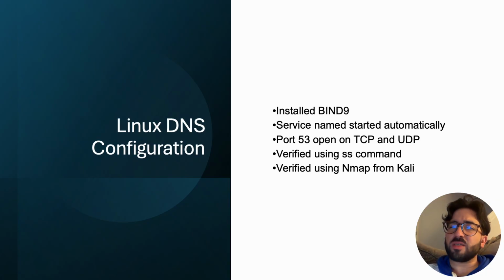On Ubuntu, I installed BIND 9, which starts the name service automatically. I confirmed both TCP and UDP port 53 were listening and then scanned the server from Kali using Nmap to verify DNS was detected.